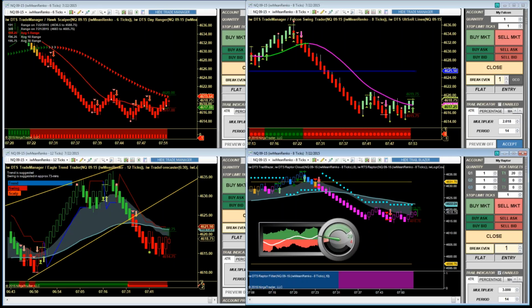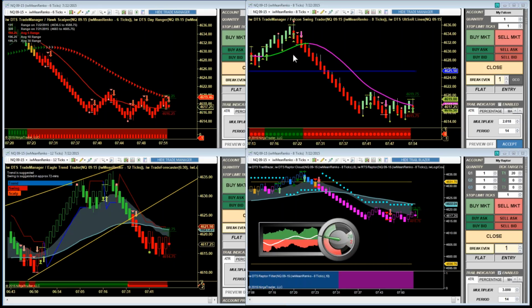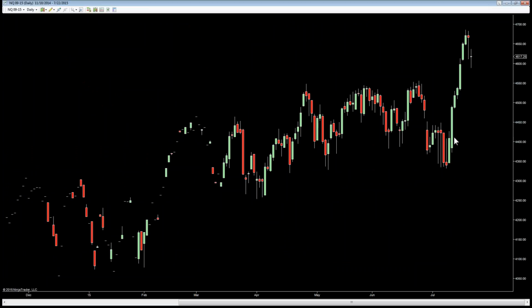I can't help but think that after a monster rally, here's an NQ daily chart.